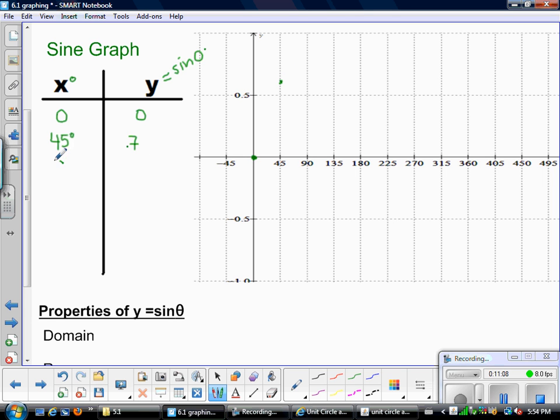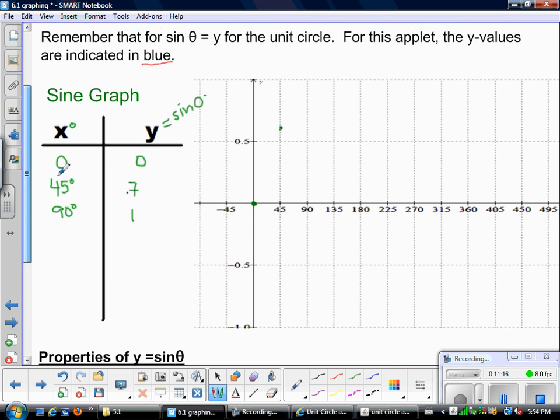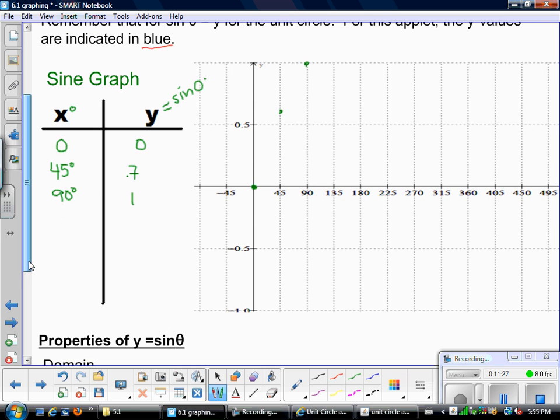At 90 degrees, remember, sine of 90 degrees is 1, positive 1. And so, if you notice, I skipped some there. There we go. So is that 1? And then what happens is we've reached the top of the unit circle, and now we can come back down.